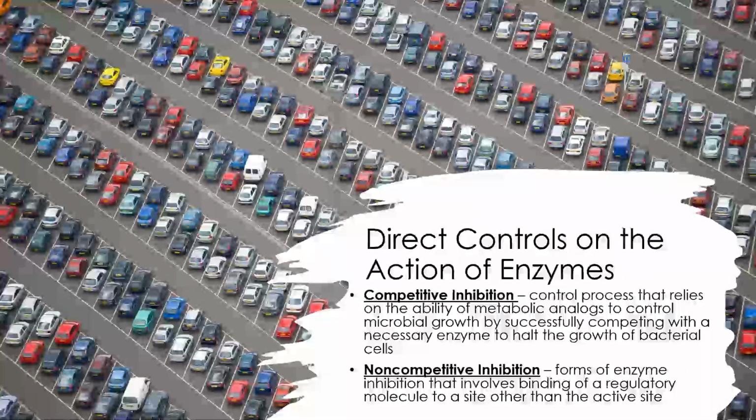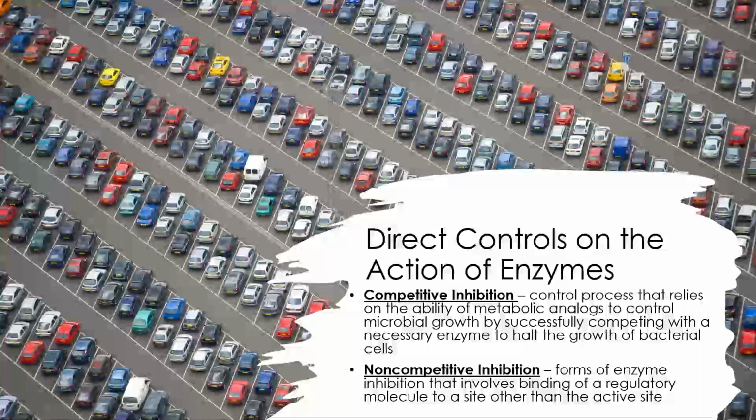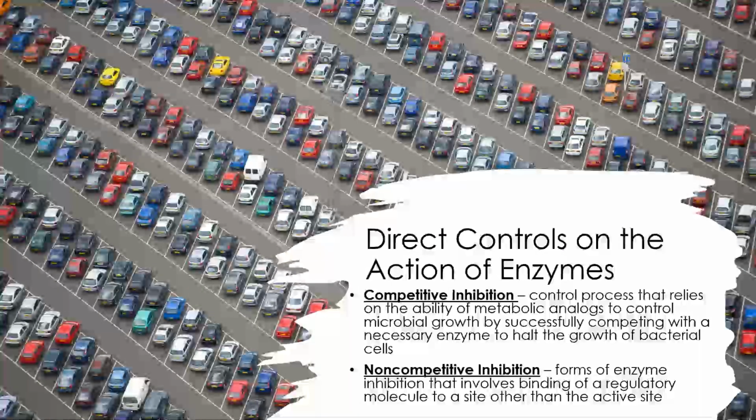There are two types of inhibition for enzymes: competitive and non-competitive. Competitive is a control process that relies on the ability of metabolic analogs to control growth by competing for the spot on the enzyme. So competitive is maybe you have an active site for glucose, and glucose is the normal molecule, but maybe lactose looks pretty similar, so it can come in and compete or vie for that spot.